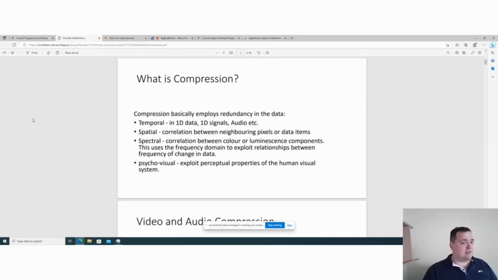They could be temporal compression, spatial compression, spectral compression, psychovisual exploit compression. Well, we're not talking about the last one, although it's a really interesting topic, but unfortunately it's far away from our main course, right?